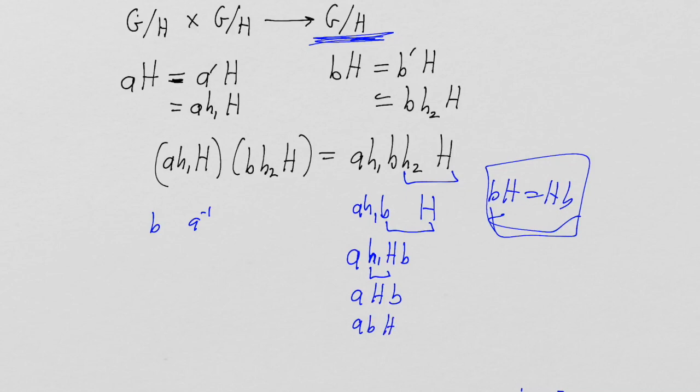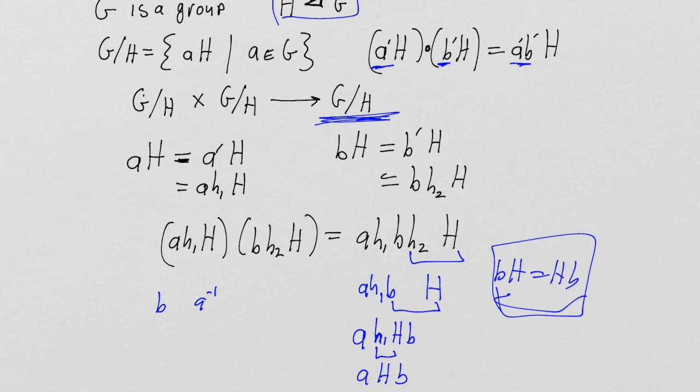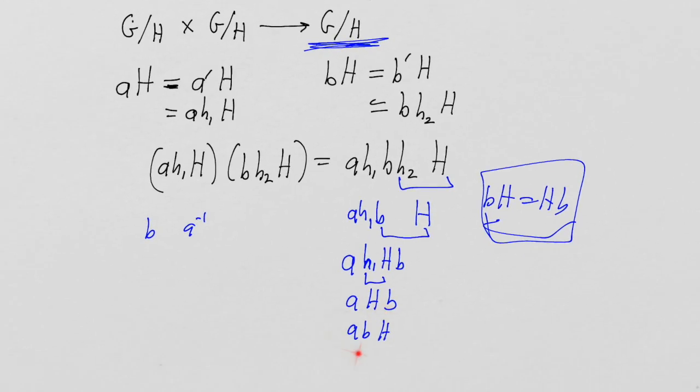So what this is telling me is that no matter what representative I choose to represent the coset, I will always get the same product coset.